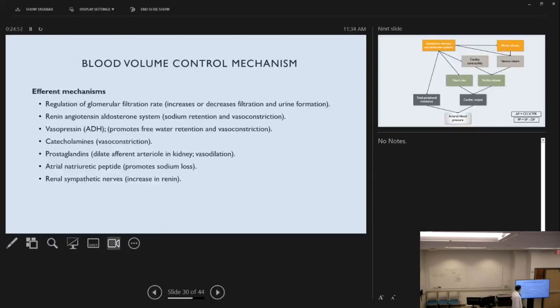And there are some renal sympathetic nervous system fibers that are directly connected to the juxtaglomerular cells, just in case we need them.